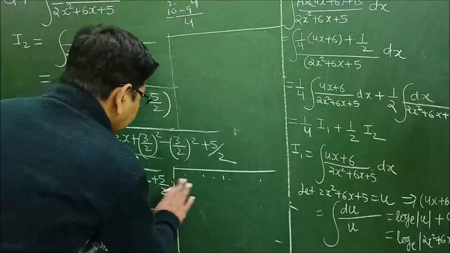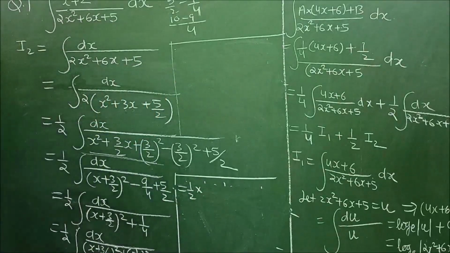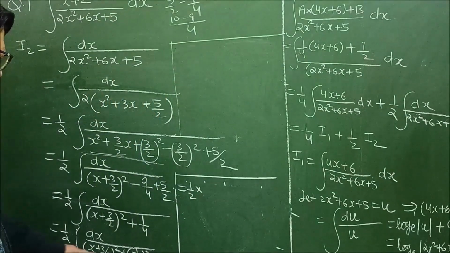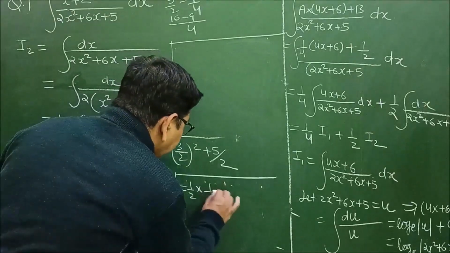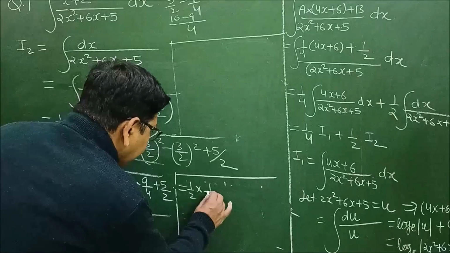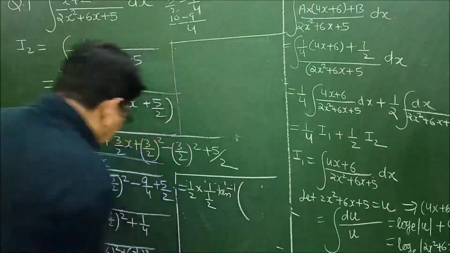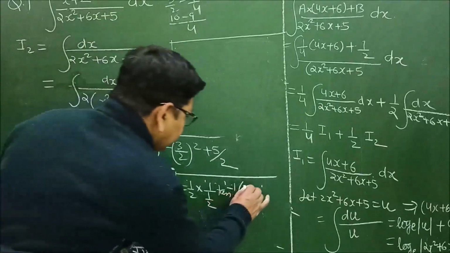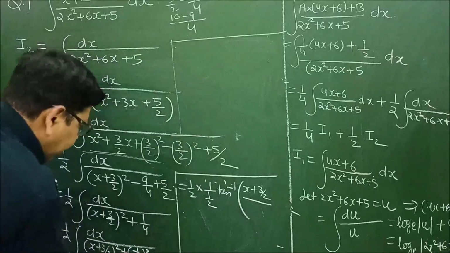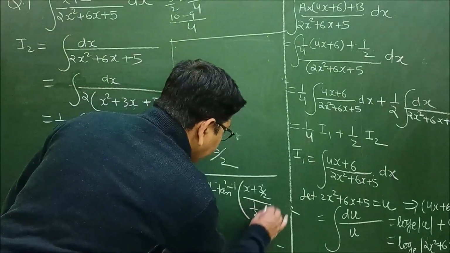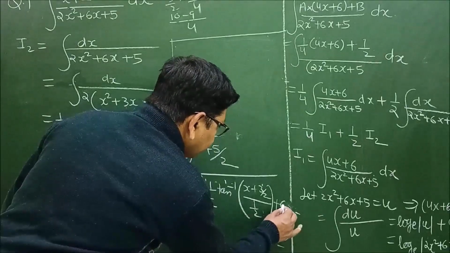So this is equal to 1/2 into integral dx upon x square plus a square, 1/a tan inverse (x/a). The value of a is here 1/2, and x is here x + 3/2, so 1 upon 1/2 tan inverse of (x + 3/2) upon a, plus a constant c2.